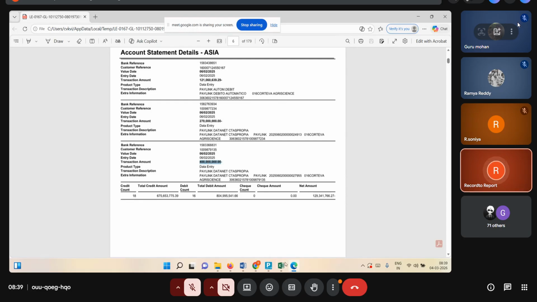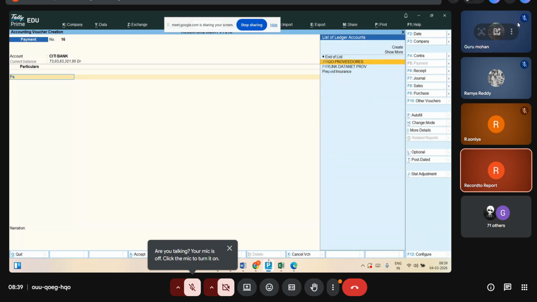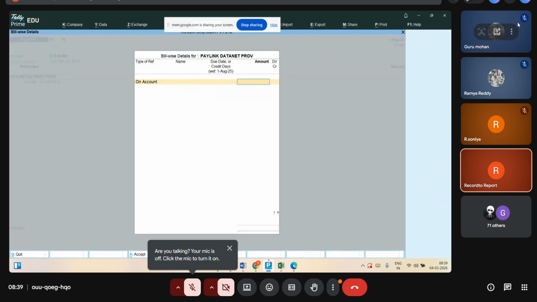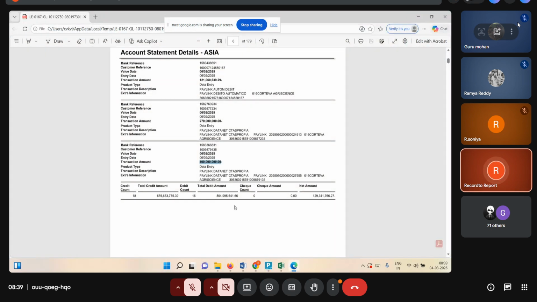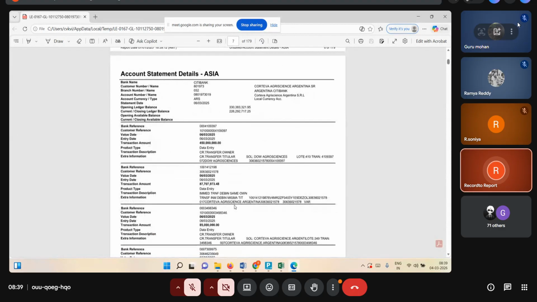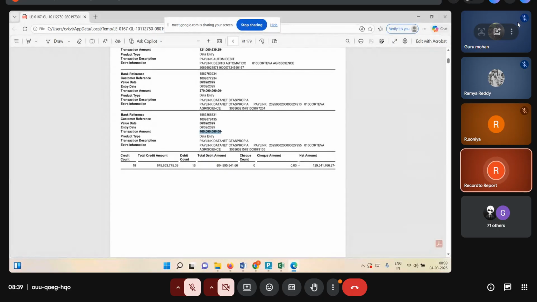This is the amount they made the payment. Okay, so this is one transaction. Okay, so till here we made the transactions, guys.